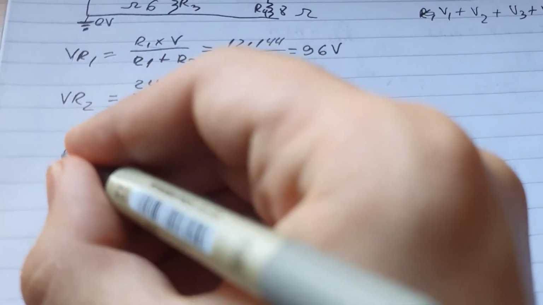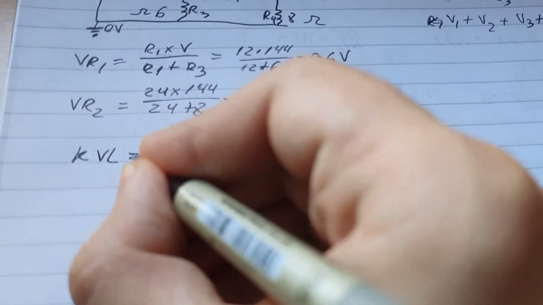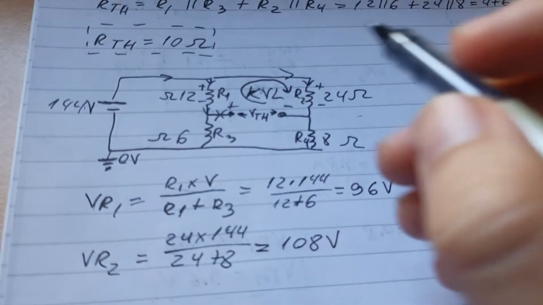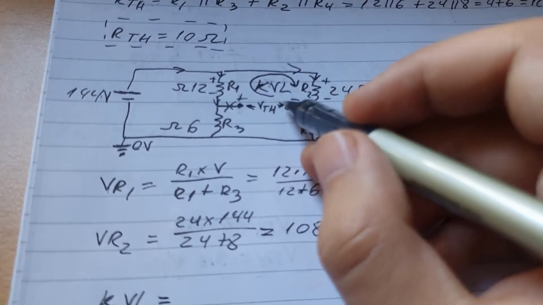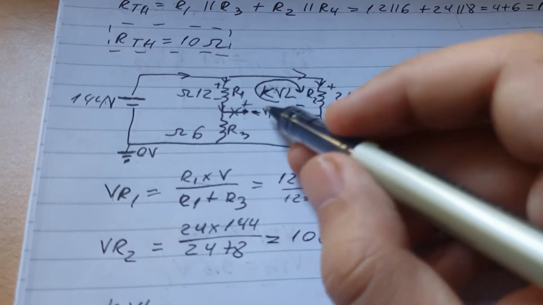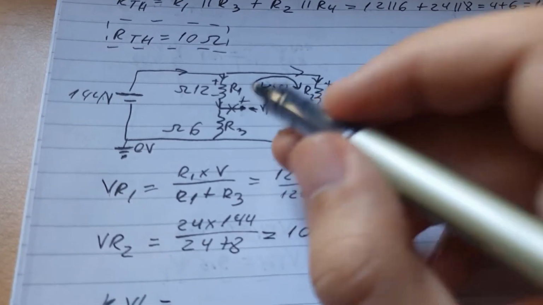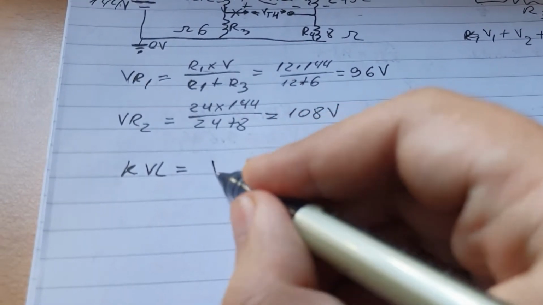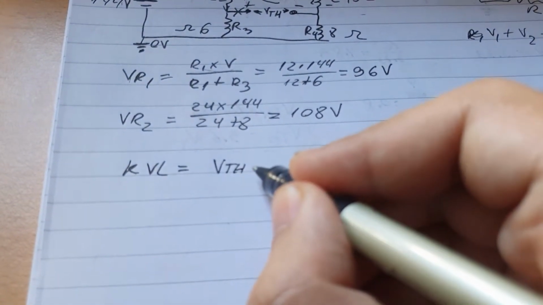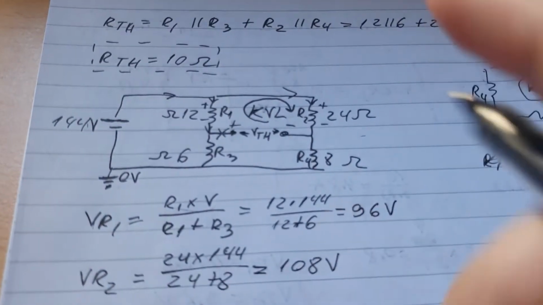So KVL is equal to, let's start with this one, VTH. VTH is going from a negative to a positive, so it will be a positive number, so it will be VTH. Then we look at R1.